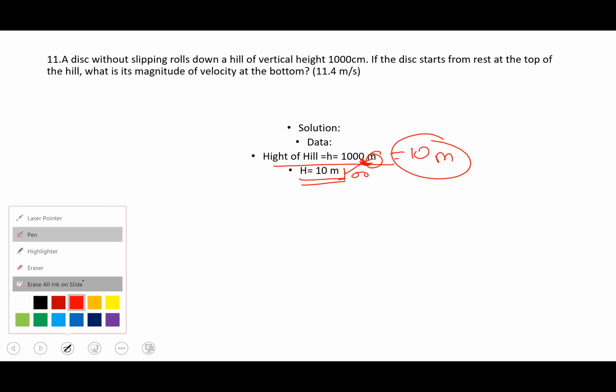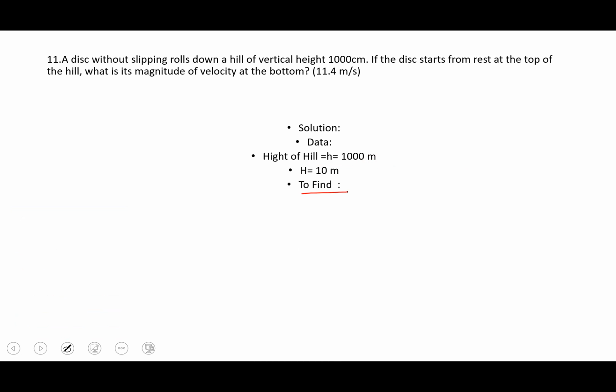Now, we have to find the speed at the bottom, that means the final velocity at the bottom part. So for a disc or a cylinder, you can say, V is equal to the square root of 4 over 3 gh. Where did we get this formula? We have derived it from the cylinder rolling down an inclined plane.